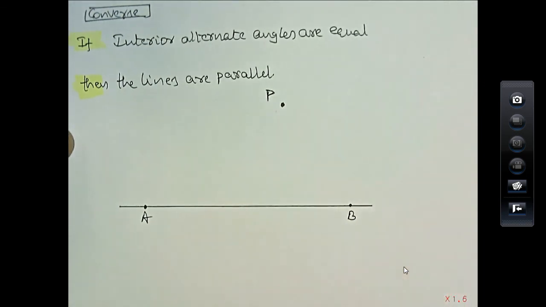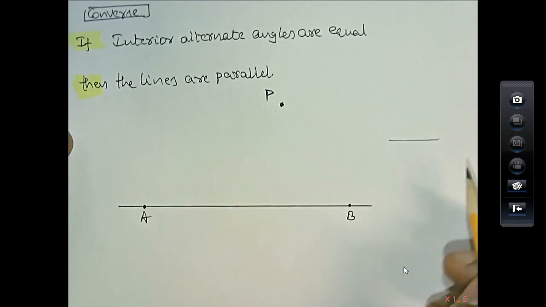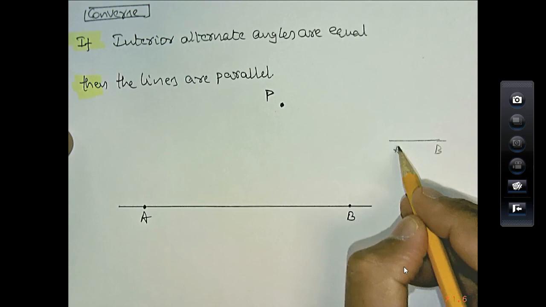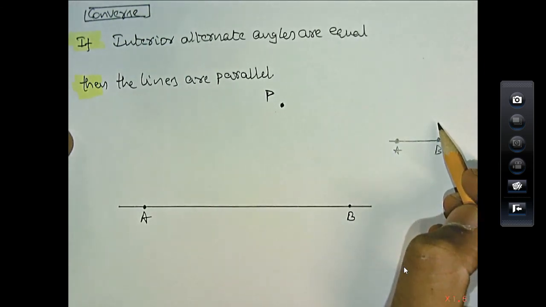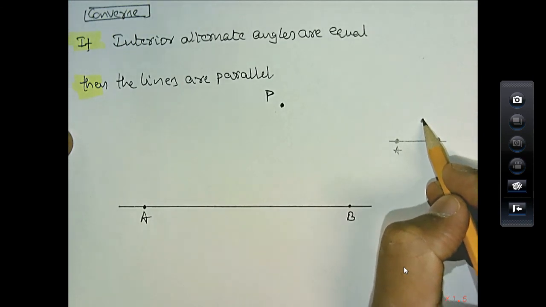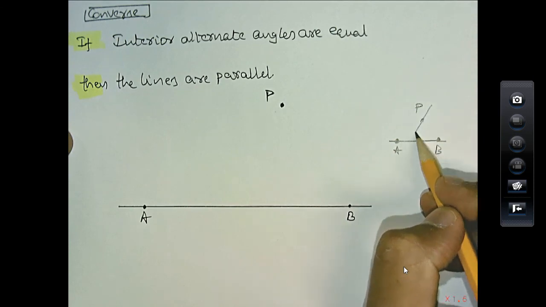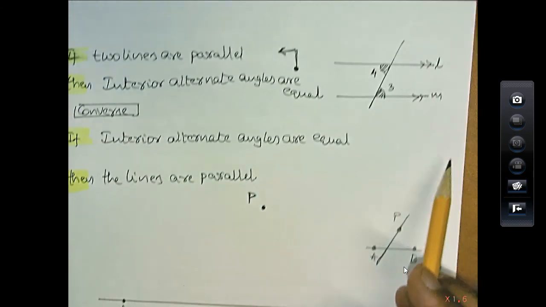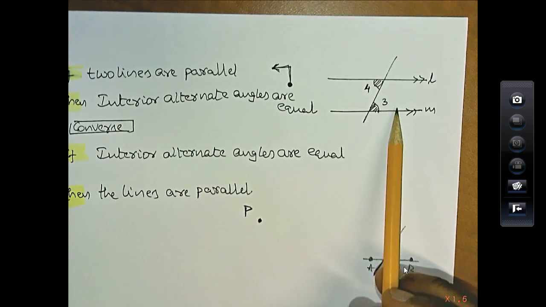Let me think how to construct this one. Let's say this is AB. Then how? So here is point P. In case there is a transversal, and I know interior alternate angles are equal, right?